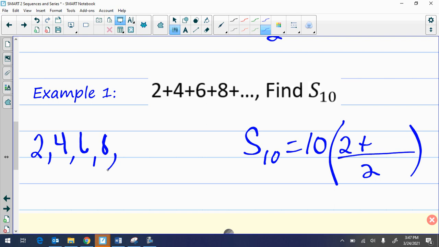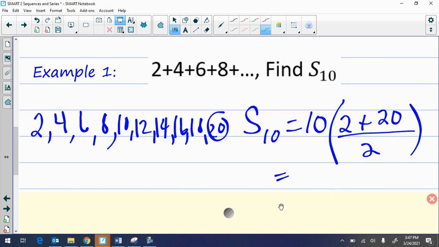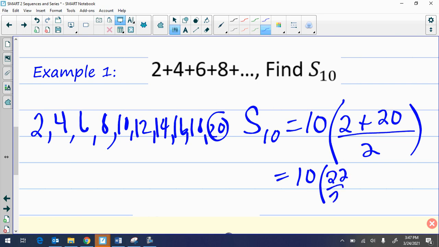So I can either keep going, 2, 4, 6, 8, 10, 12, 14, 16, 18, 20, counting 1, 2, 3, 4, 5, 6, 7, 8, 9, 10. So my 10th term, or I could have written an equation if I wanted to, using my mx plus b. So I get 10 times 22 over 2, which is 10 times 11, so 110.